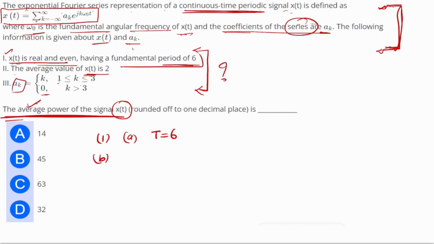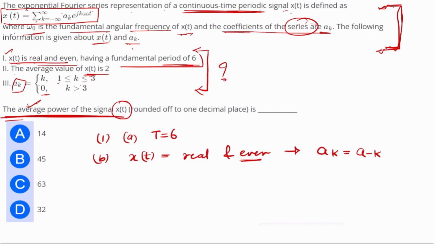And it is also saying that x(t) is real and even. Fourier series coefficients can be real and even, or real and odd, so there are different properties related to that. If I am saying that they are real and even, that simply means that ak is equal to a of minus k. That is the only meaning of real and even.